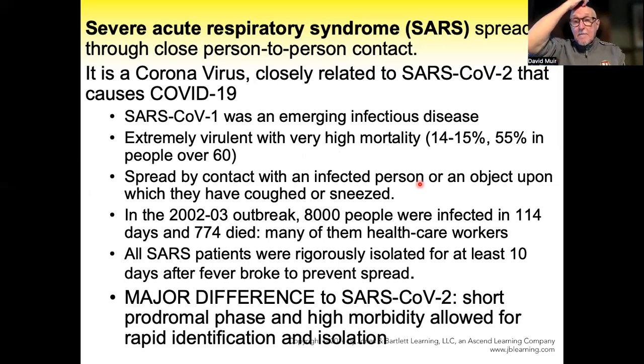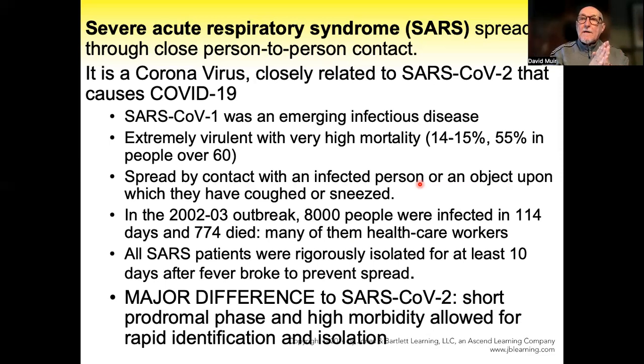So one of the things about SARS-CoV-1, though, the disease onset was very sudden, but the disease symptoms were so distinctive that it was very quickly realized that this was a disease where some people had to be put into absolute isolation immediately.